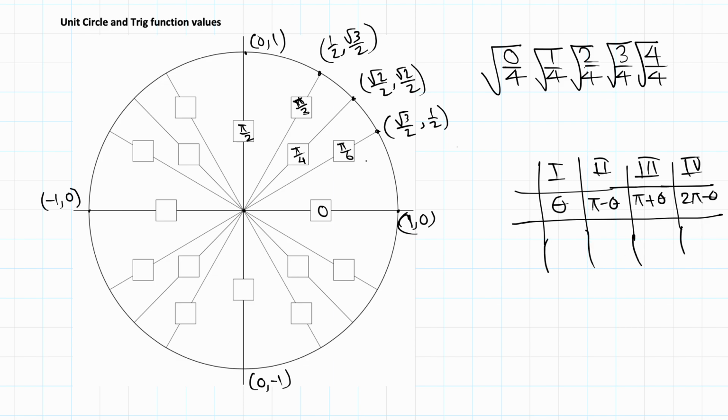Okay, let's say the angle is pi over 6. Then the corresponding angle would be here, pi over 6. The first here. This angle will be then pi minus pi over 6. Pi means 6 pi over 6 minus 1 pi over 6, so 5 pi over 6. Pi plus this angle, 7 pi over 6. 2 pi minus this one, 11 pi over 6.